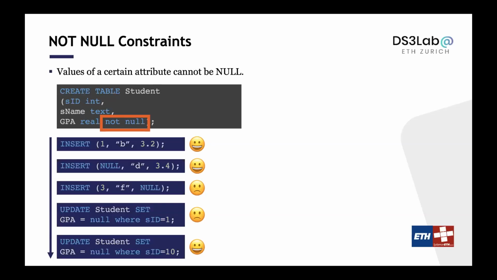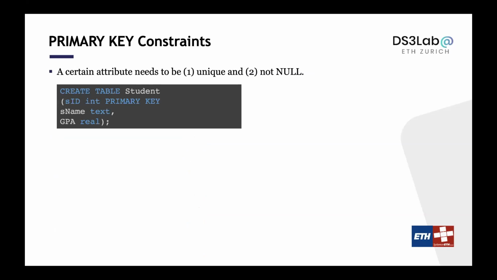So another type of constraint is primary key, and this is one that we have been looking at for a while. If a certain attribute is a primary key, it needs to be unique. You cannot have duplicates. And second, it cannot be null. If you want to specify that, you can do it this way.